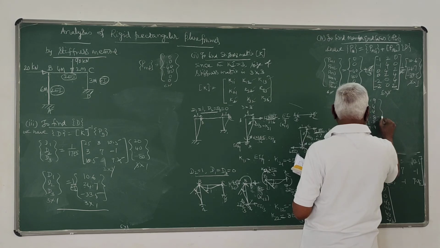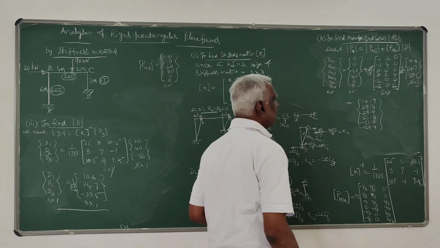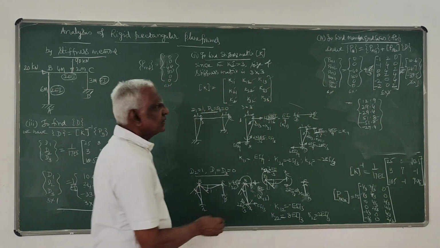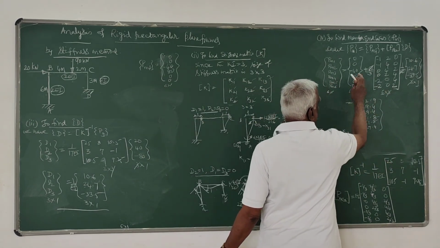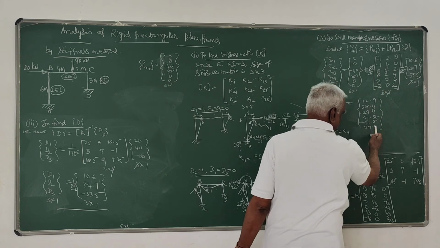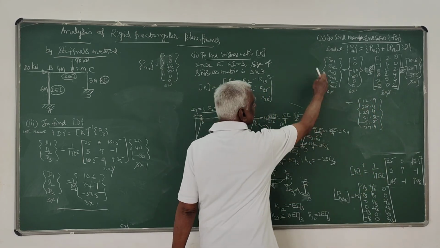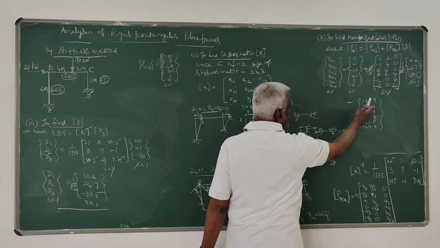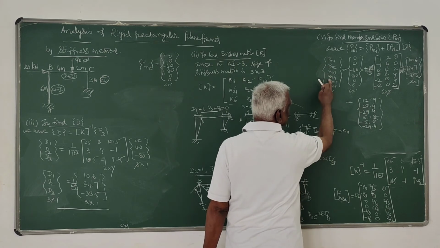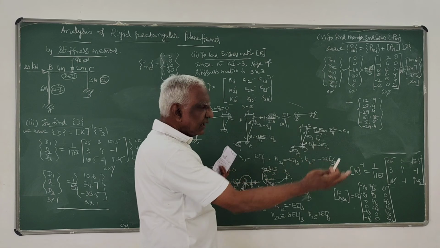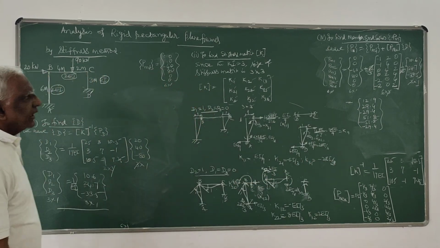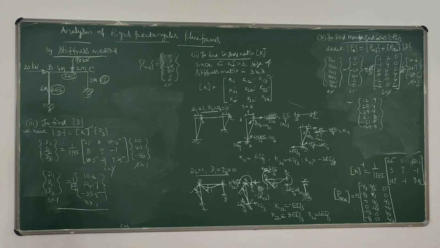This is your 6 by 1. So this you multiply, you get 6 by 1. This you have to add. 6 by 1, 6 by 1, you will get this. So this is nothing but PM1 is this, PM2 is this, PM3 is this, PM4, PM5, PM6. They are the end moments which you can use for drawing the bending moment diagram.